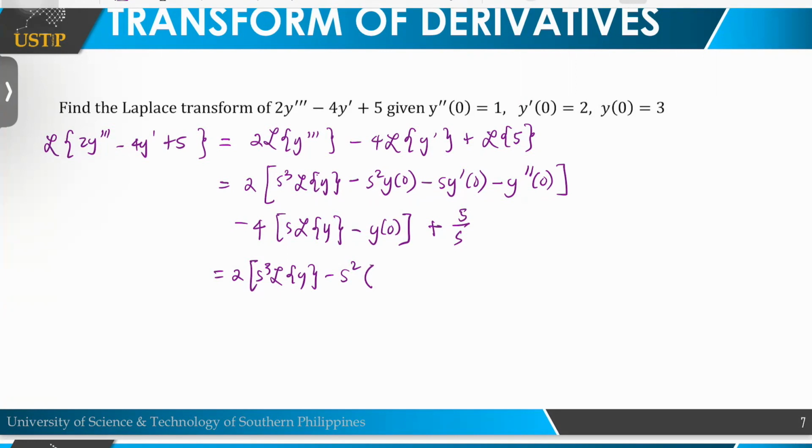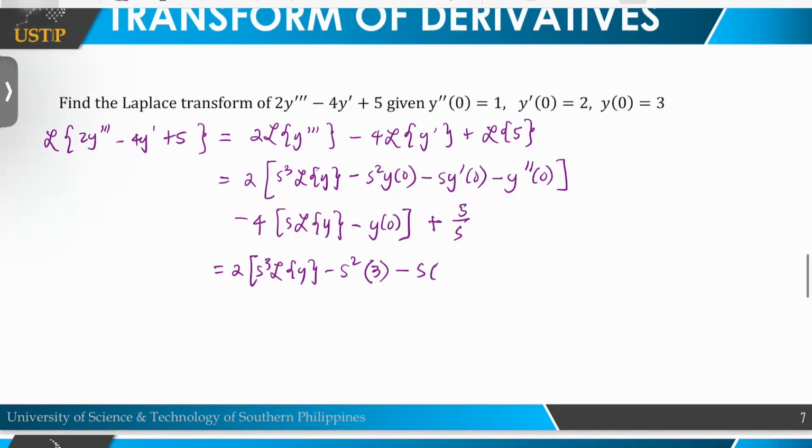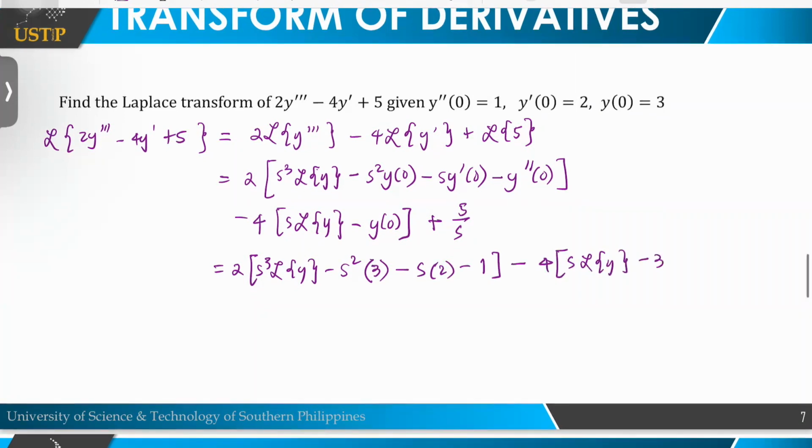Okay? Y of 0 is equal to 3. So, substitute minus s. Imuhang y prime is equal to 2. So, substitute 2 minus y double prime of 0 is equal to 1. Alright. Minus 4. And that is s Laplace transform of y minus y of 0 is 3 plus 5 over s.